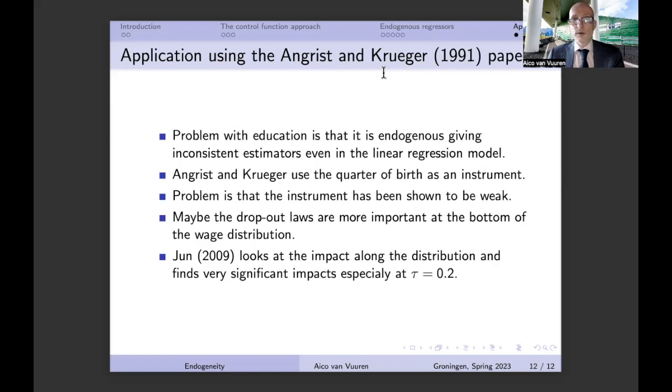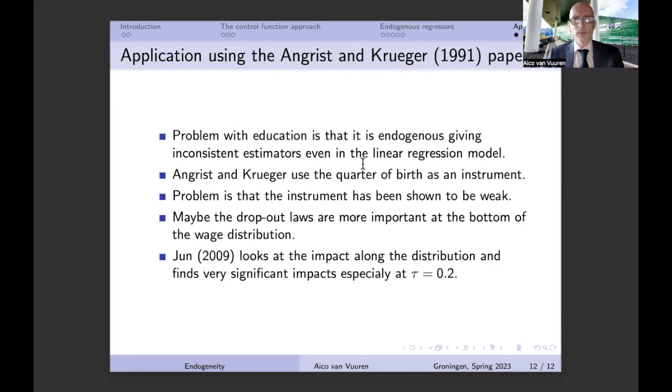And then if you assume also that this is not related to the talents that individuals have, so individuals born in the beginning of the year don't have better talents than those born at the end of the year, well, then you actually have a very good instrument.